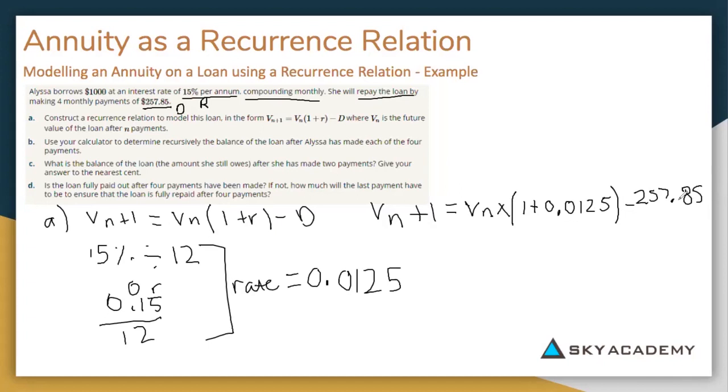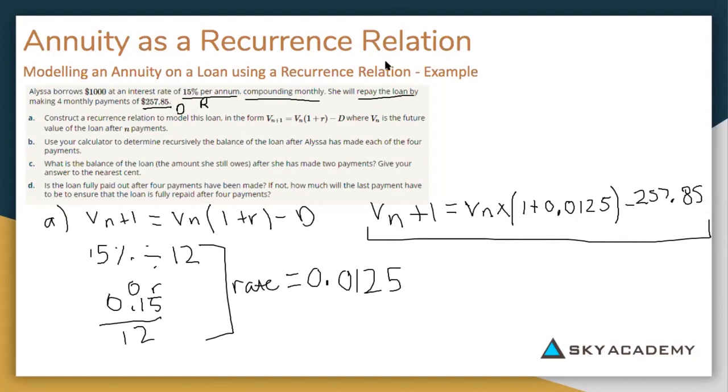So now we have been asked to use our calculator to find the balance of the loan each month. So this one is going to go in step by step. And so we need to keep this formula, so we can calculate for 4 monthly repayments.